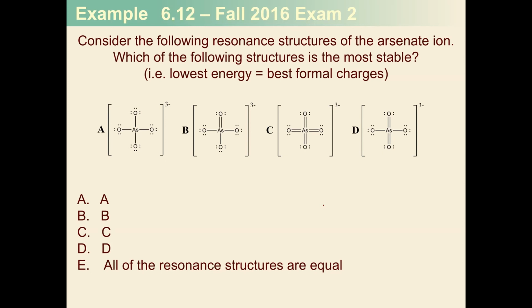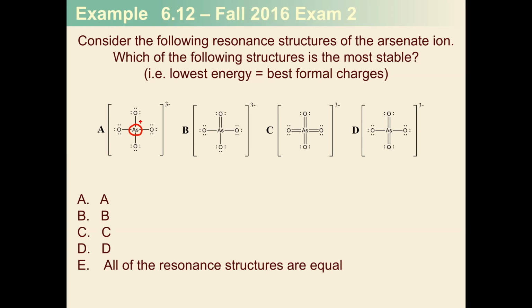So let us look at answer A. Notice that this species has a really good octet for all of the atoms. But let's look at our middle arsenic right now. Notice that it brought 5 electrons. It currently only has 4, so now we get a formally positive located on our central atom.